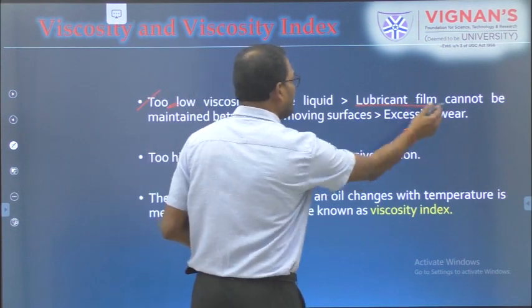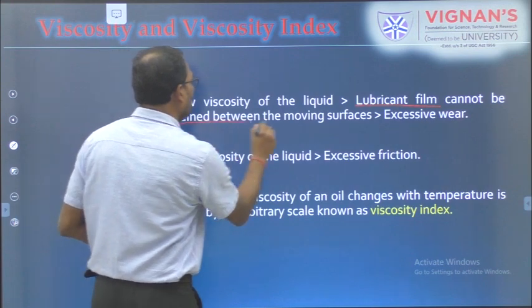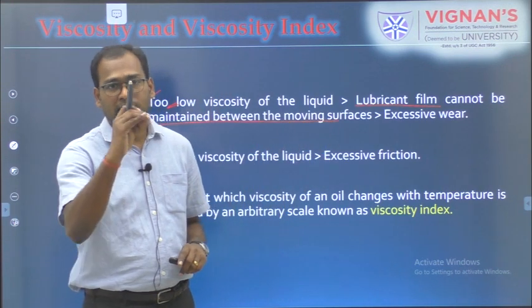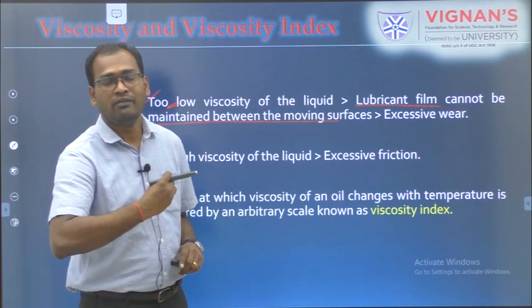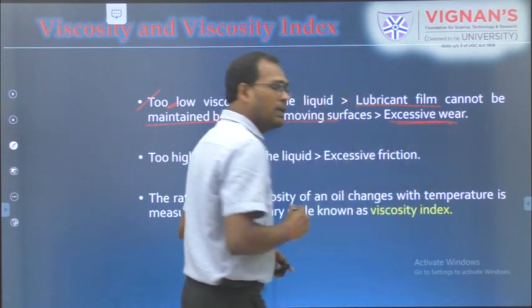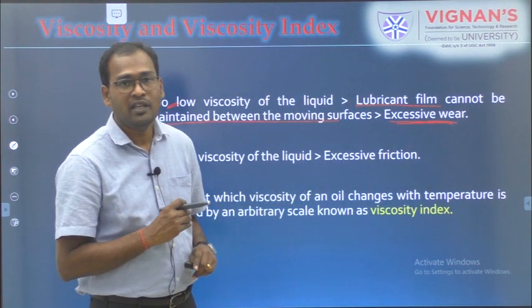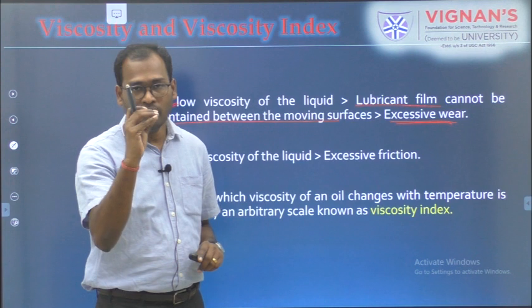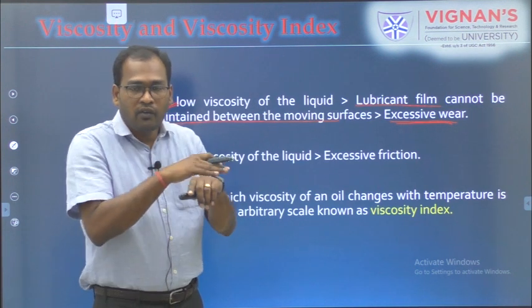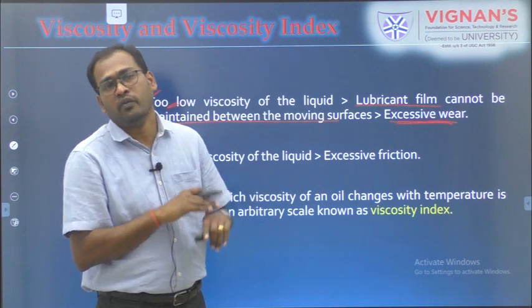So, the lubricating film cannot be maintained between the moving surfaces. Since it is very thin, it can't withstand the force, so it will be easily thrown off and lead to excessive wear. If the viscosity of the lubricant is very low, it cannot form a uniform film between the moving surfaces.